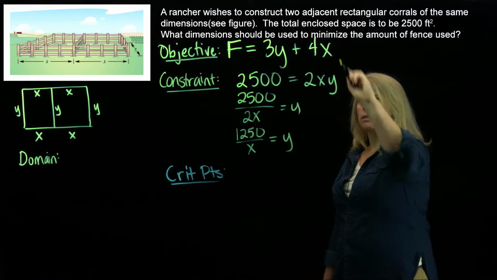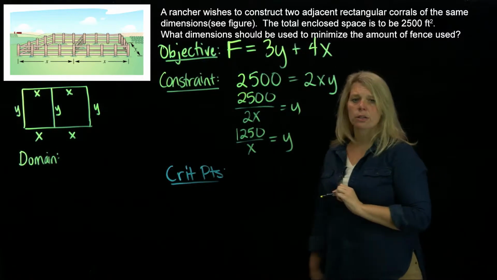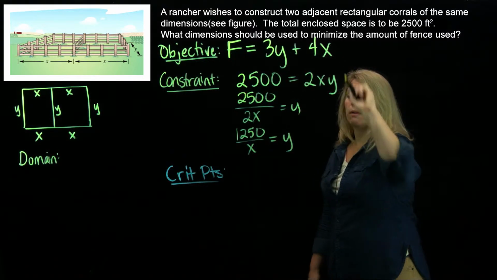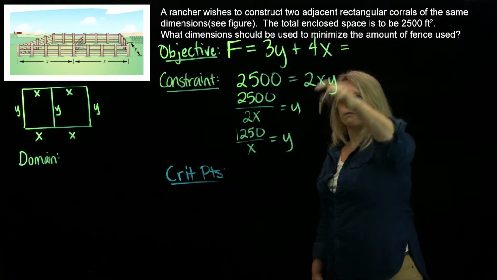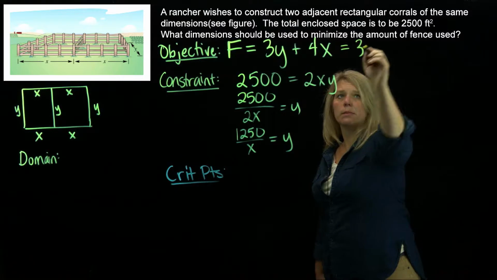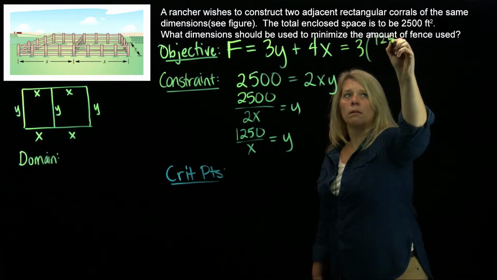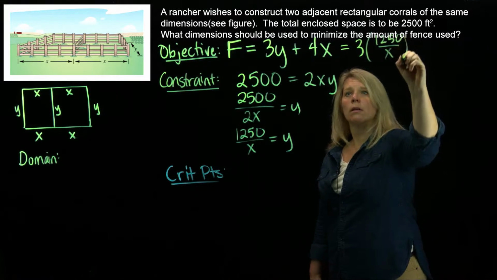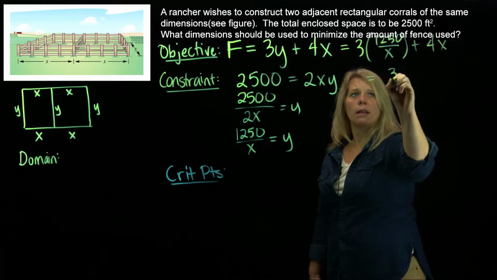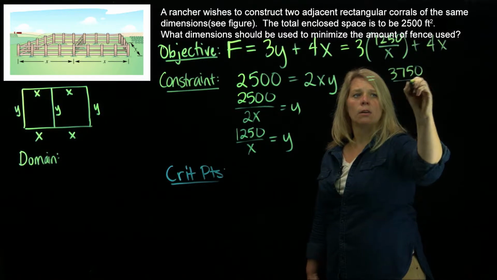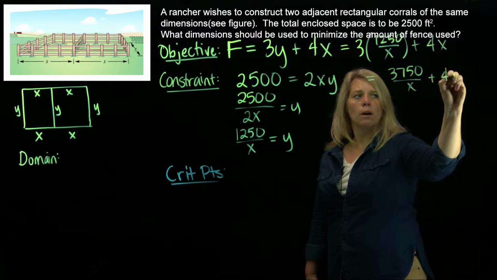My goal here is to put that into my objective function so that I have only one input variable. So going back to my objective function, I'll have 3 times this expression plus 4x. If I simplify that, I get 3,750 over x plus 4x.